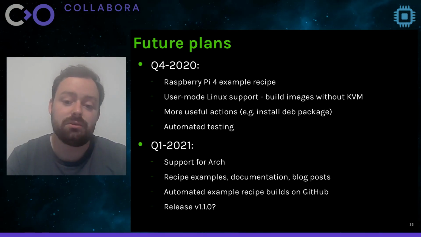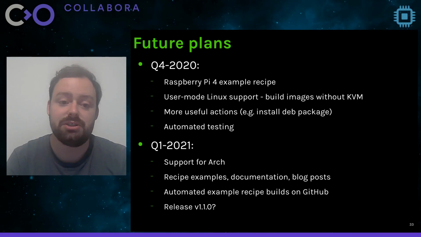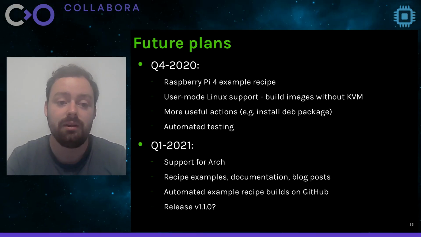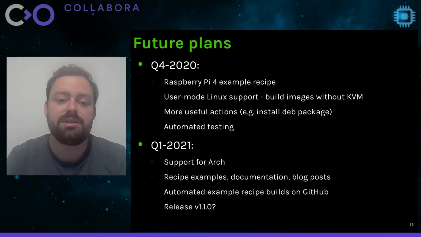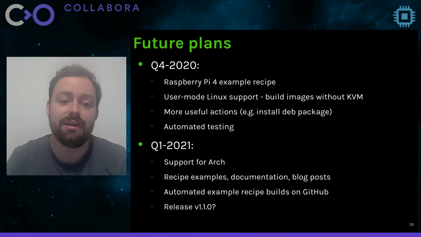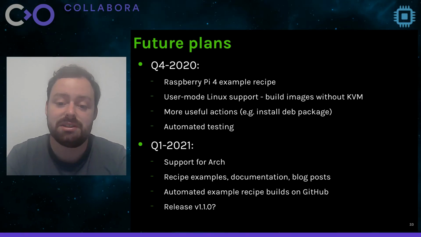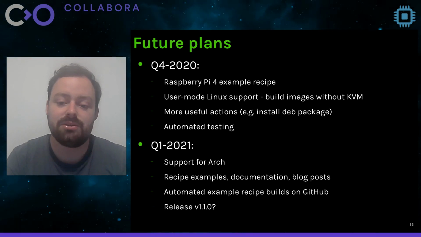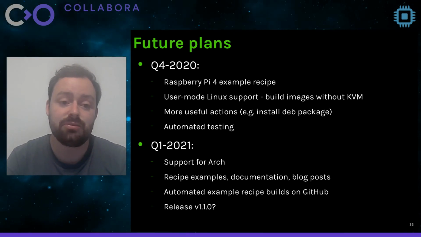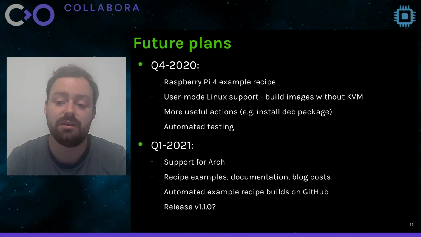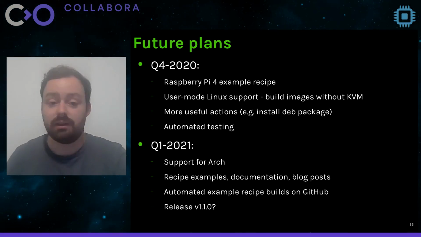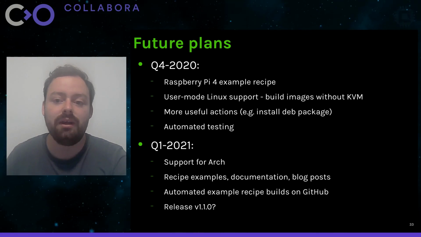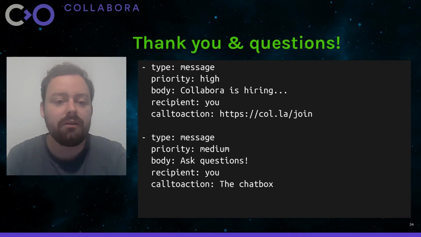We'd like to create some more recipe examples, some documentation and some blog posts around the changes we've done to Debos, so hopefully we can market the free open source technology to others who may not know about it. We'd also like to have automated recipe builds. The example recipes I've already mentioned, building automatically on GitHub Actions. And if all of that goes to plan, we'd like to release version 1.1. So thank you, and I'll take any questions.